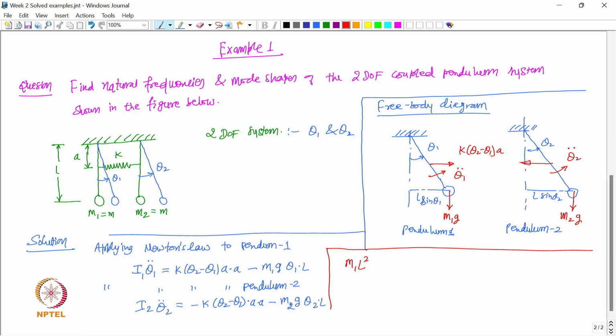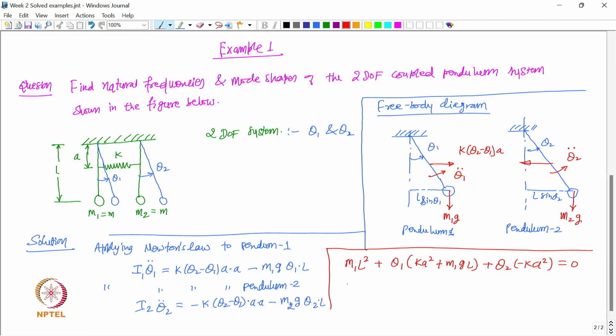So m1 into L square is the moment of inertia about the point of connection. So m1 L square theta 1 double dot plus theta 1 into bracket k a square plus m1 g L, right, then plus theta 2 into bracket minus k a square is equal to 0, correct.